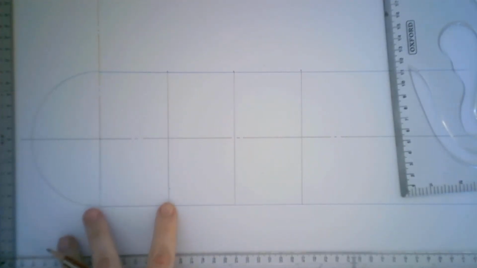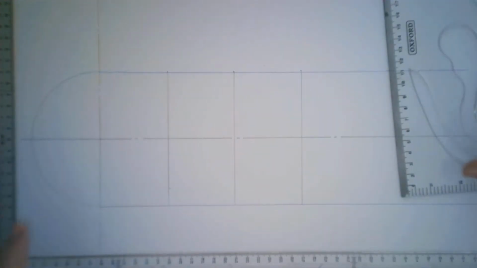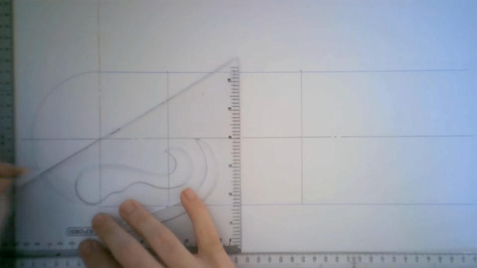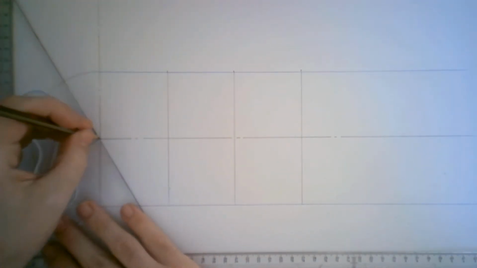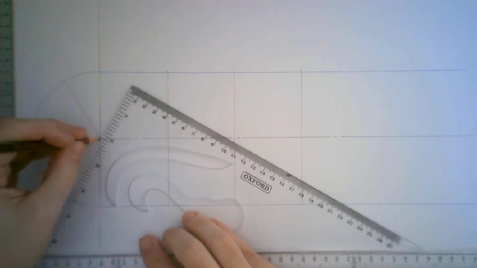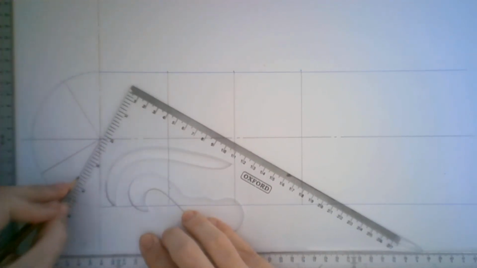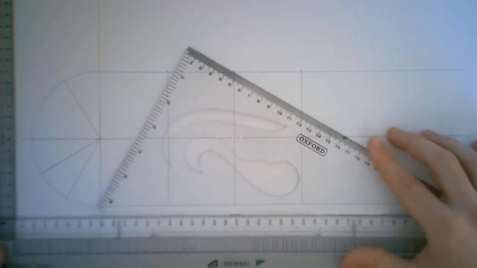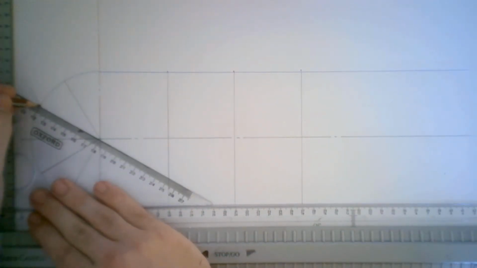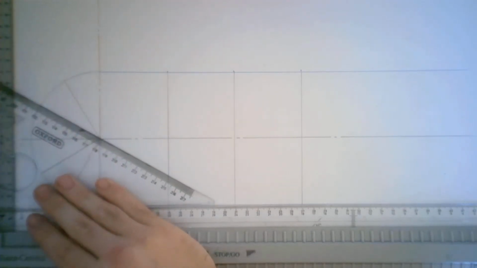So I'll divide the circle into 6, since it's a semicircle. So 1, 2, 3, and 4. And I will draw horizontal lines.